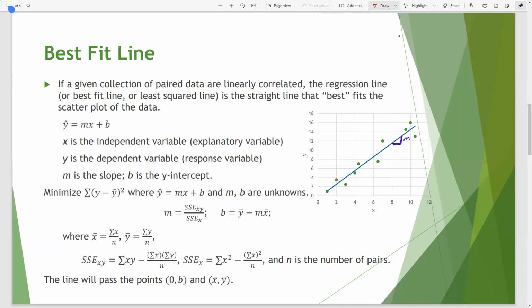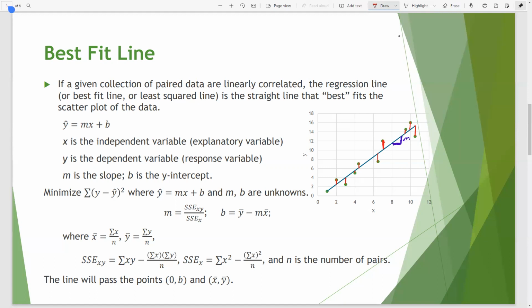The vertical difference between the point and the line is the residual. It can have a positive value or a negative value, meaning some points are above the line and some points are below the line.